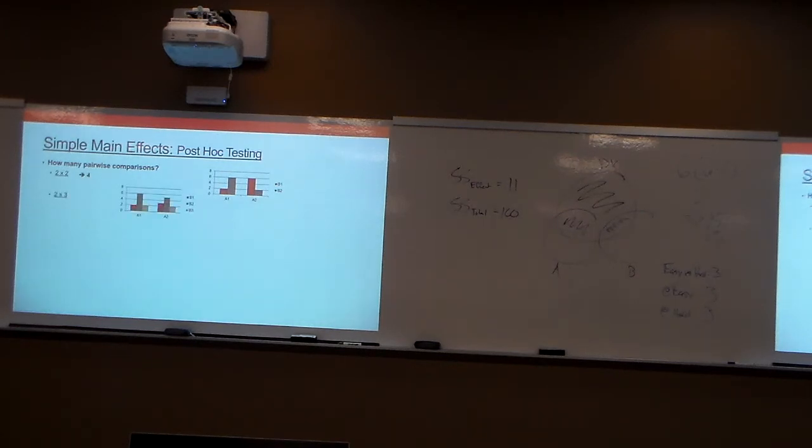What about a 2x3? We just talked about a 2x3, right? We end up with 9 meaningful comparisons here. Within A1, we've got 1, 2, 3, 4, 5, 6, 7, 8, 9. So we've got 9 comparisons here. What about a 3x3?